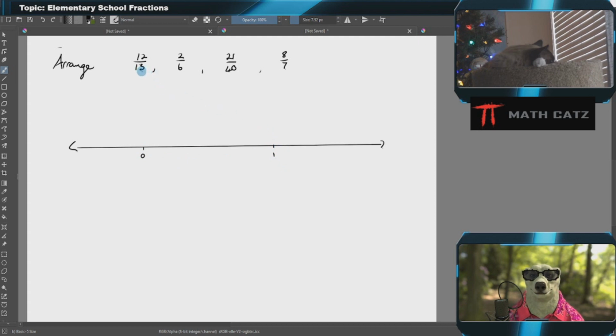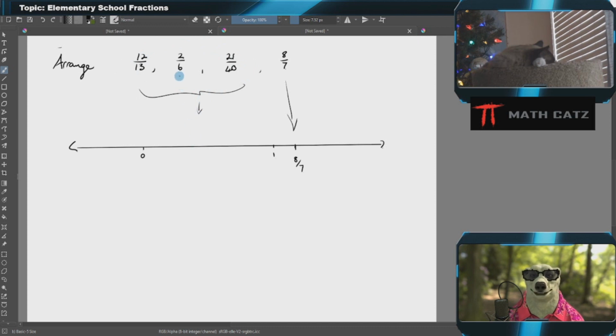The first 3 are all proper fractions, so they will fit in here somewhere, whereas 8/7 is an improper fraction, and it is going to be on this side, on its own. So I know already, without doing nearly anything, that it's the largest of all of these. Then my problem is reduced to simply figuring out and sorting these 3.